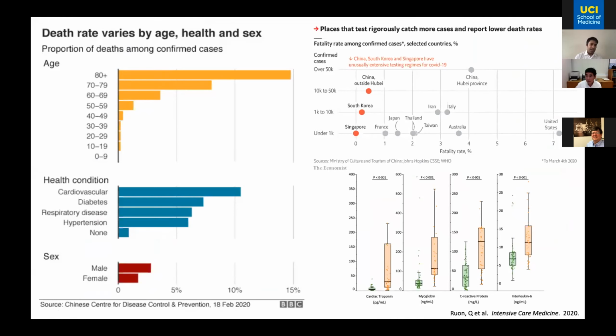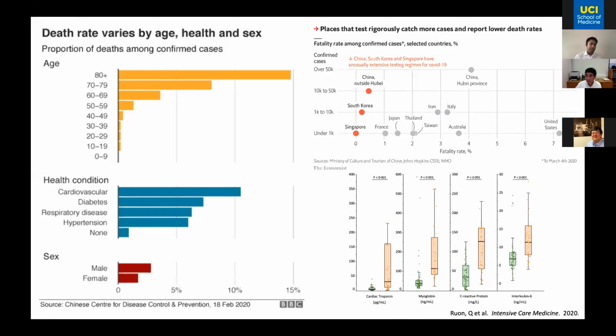That goes with what we know, that pulmonary diseases in general are higher risk. Interestingly, we don't find so far that immunosuppression seems to be a major risk factor, because part of the pathology of this disease is that the immune system overreacting is what gives you a lot of the severe manifestations.